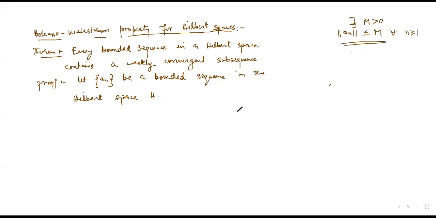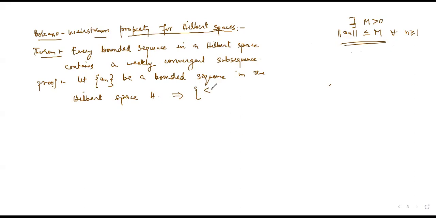That's what we mean by a bounded sequence: each of its vectors has norm less than or equal to some positive number. It implies that it is weakly bounded, because every bounded sequence is weakly bounded in any normed linear space.